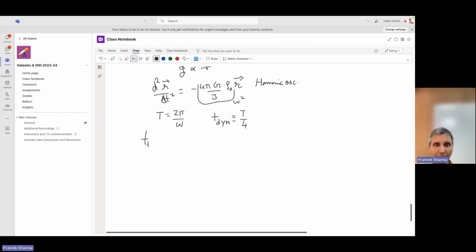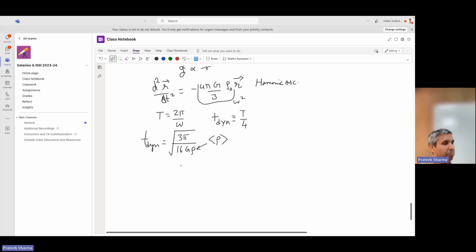So T dynamical is equal to 3 pi over 16 G rho naught, square-rooted, if you plug in the values. Sometimes this value is also used for general mass distributions, except that rho, which is a constant for a uniform sphere, is replaced by the average density, the volume average density. Okay, this is just a convention.